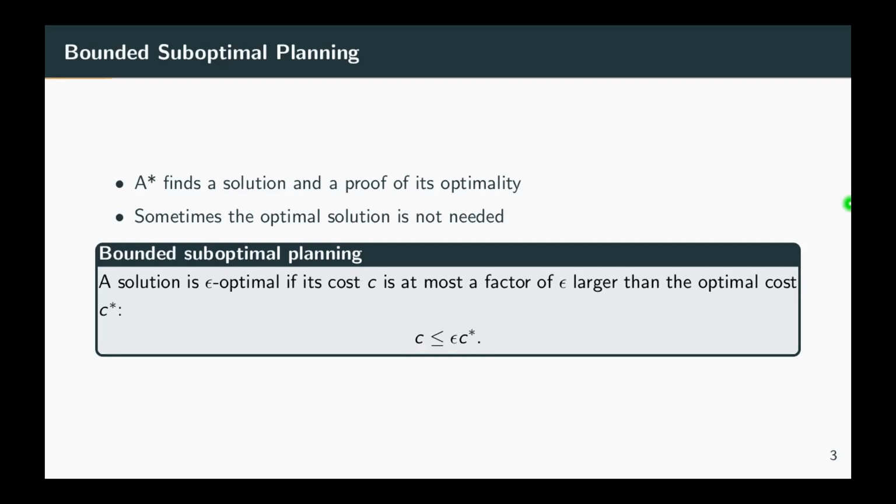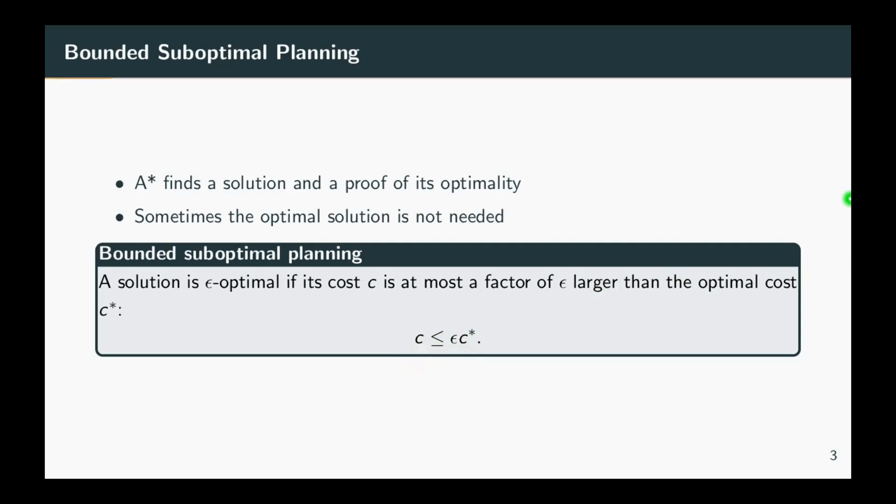So for example, if I set epsilon to 2, then it's allowed to have a solution that is basically twice as long as a true optimal solution. So in other words, if our optimal solution cost is C star, then we can report any solution that has cost C, such that the cost C is smaller or equal to epsilon times C star.